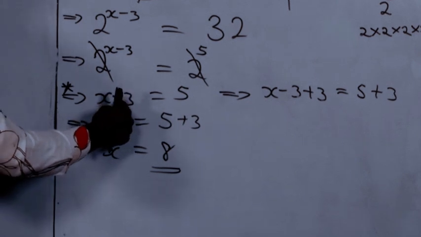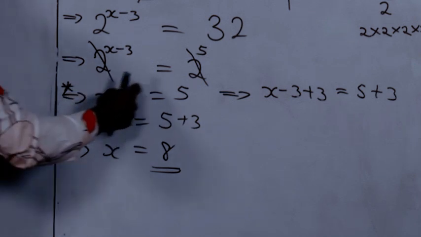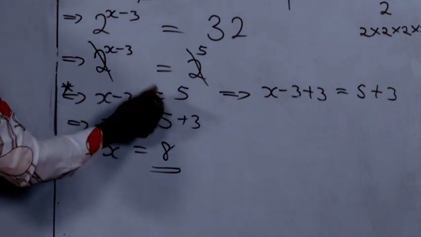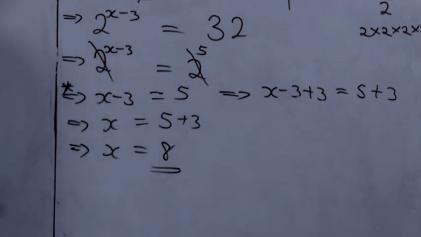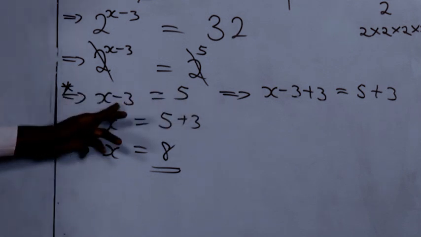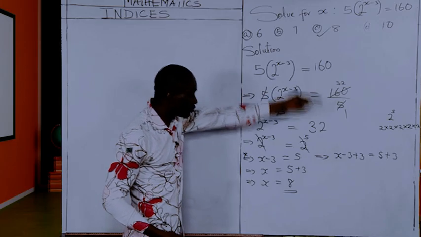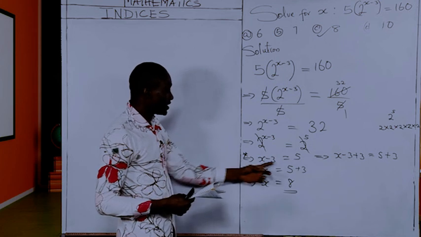When minus 3 at the left hand side crosses this bridge, this equal sign, to the other side to meet its partner, because this is the variable and this is a constant number, and minus 3 is a constant, so you are taking it to meet its partner here, it's going to change its sign.